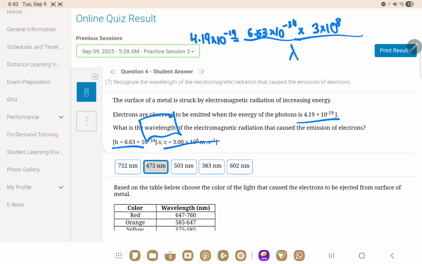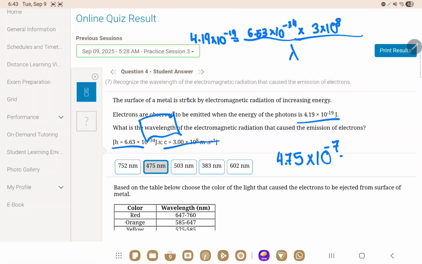Put this all into your calculator. You should get an answer of 4.75 times 10 to the power of 7, if I'm not wrong. Or is it negative 7? No, I'm not sure. You're gonna either get 7 or negative 7. Either way, it's negative 7, isn't it?